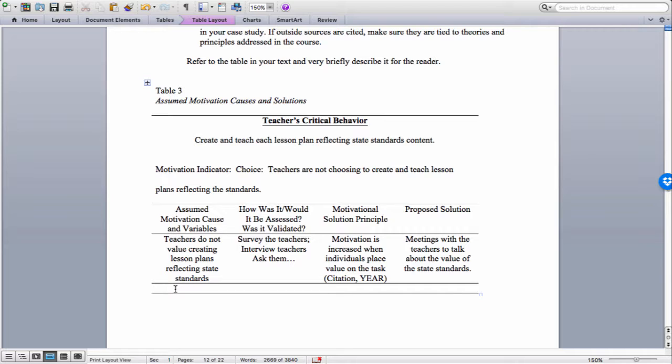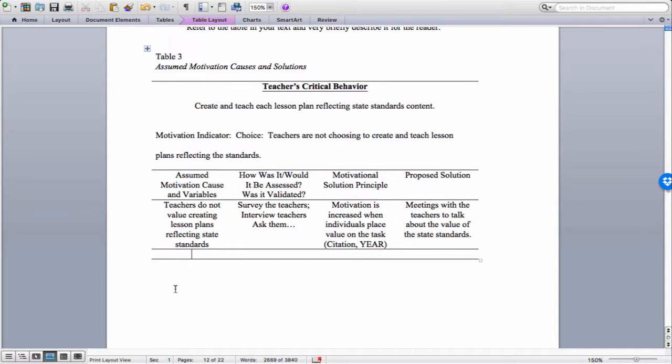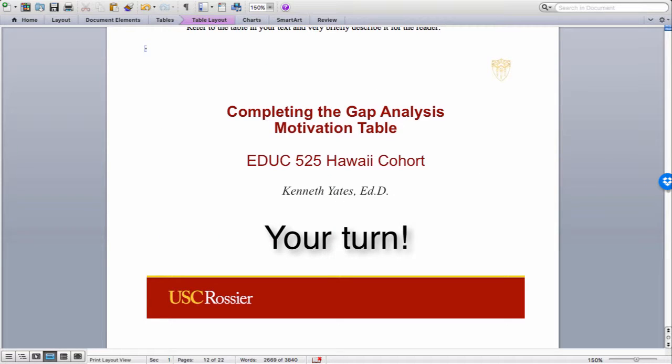You put 2 or 3 of these into this table and then look for the solutions again in the toolkit and also in the slides for Unit 9 and 10 and the slides for the voice threads, the recorded lectures for Unit 9 and 10. So give it a shot and we'll work on it together when we're in class.